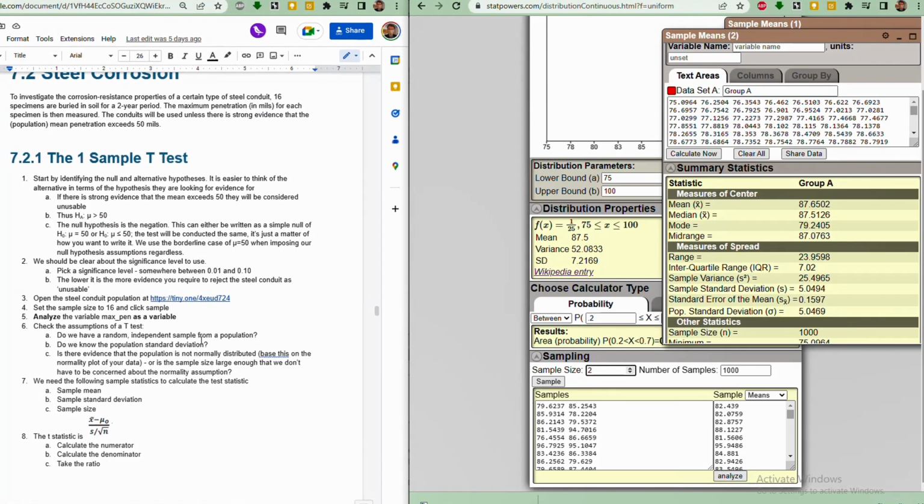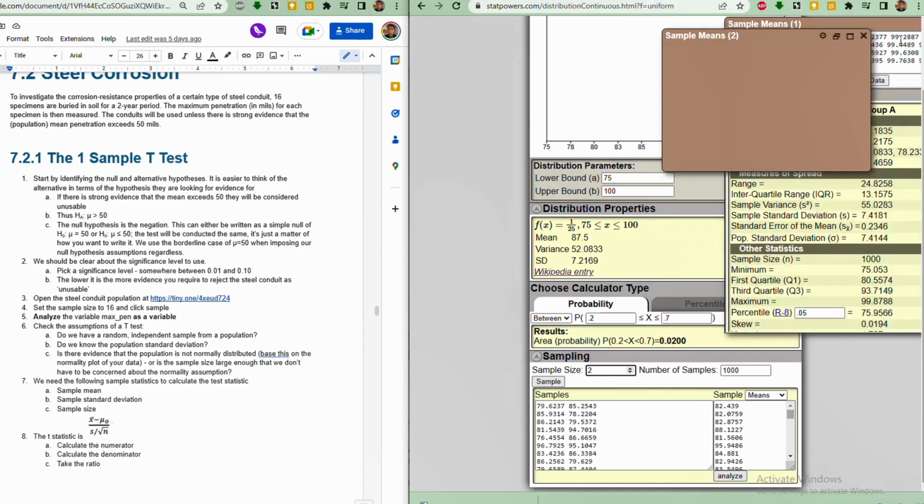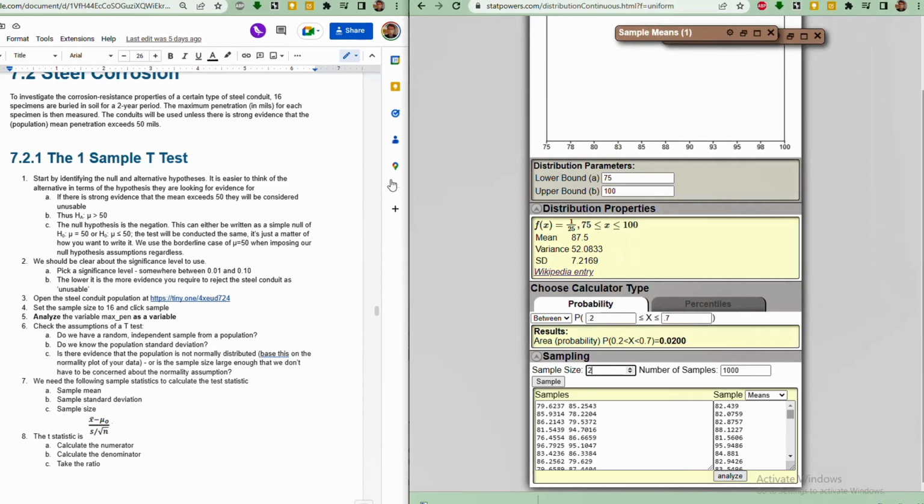The second one is going to walk you through some inference for a sample of quantitative data coming from some population. The scenario here is that 16 samples of steel conduit are buried for 2 years, and then the maximum penetration of the specimens is measured to see how the corrosion has affected it.